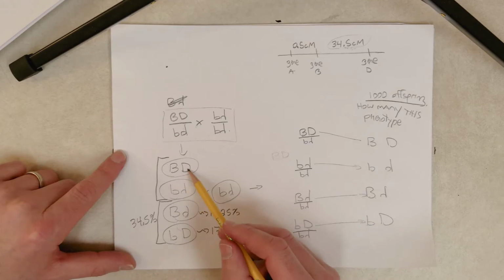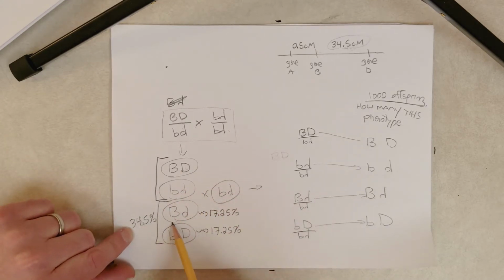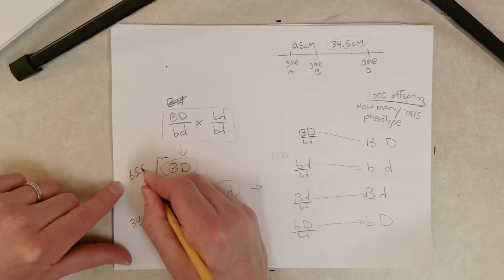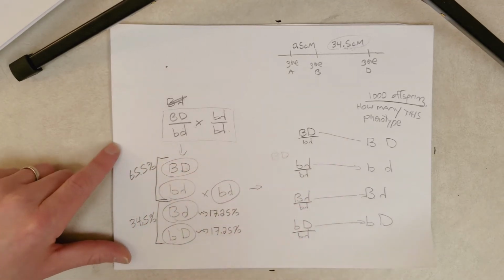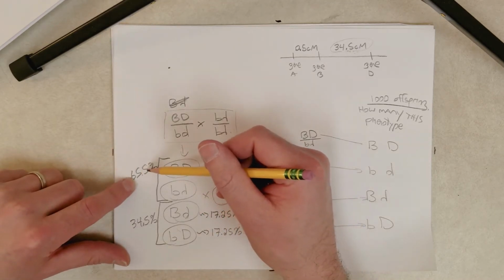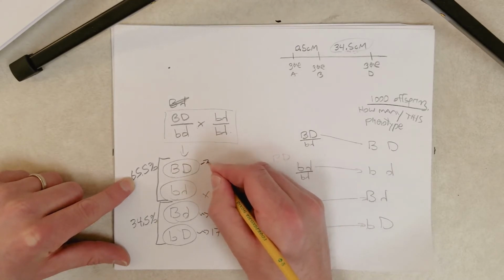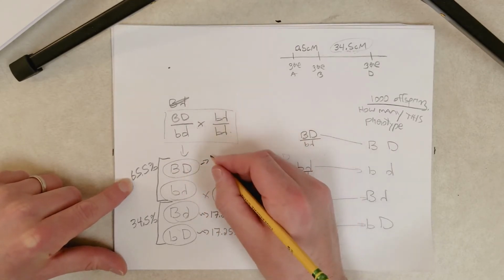We can figure out the percentage of these guys too, right? So 34.5% are recombinant, then 65.5% must be non-recombinant. So of the 65.5%, half of them will be this, half of them will be that. So what is 65.5 divided by 2?